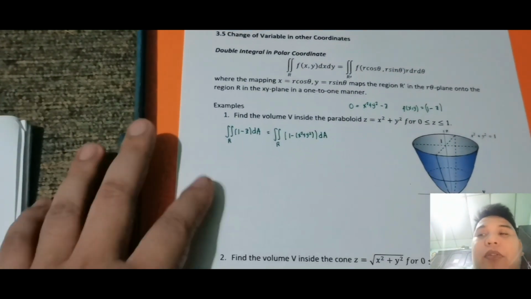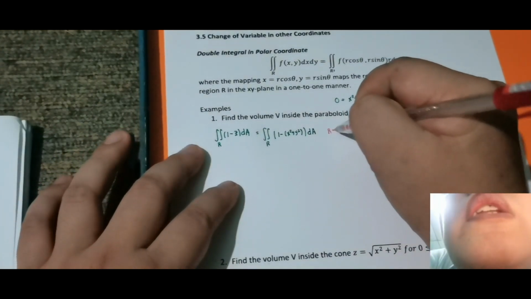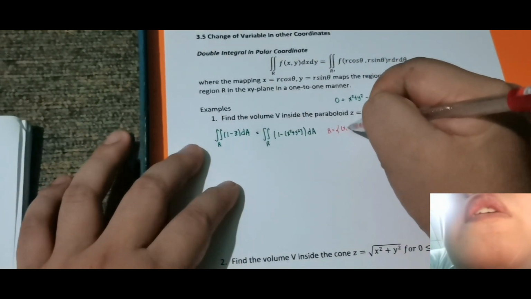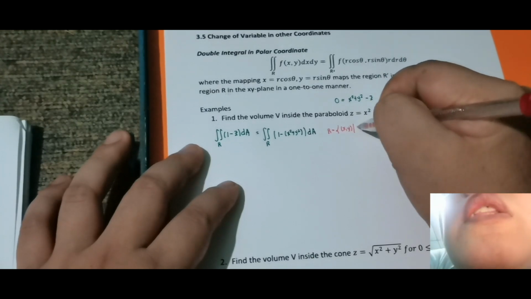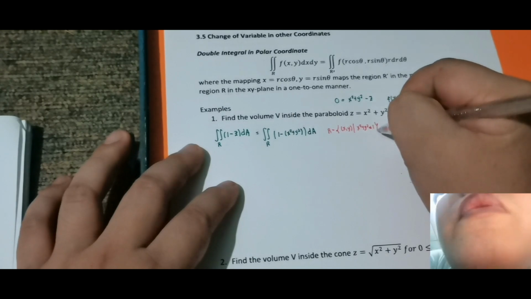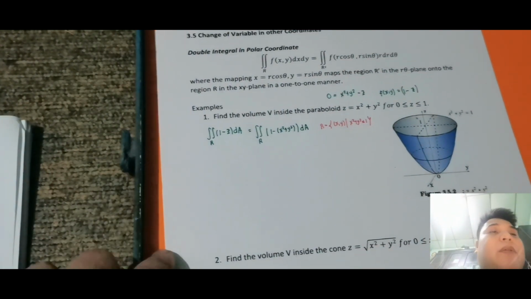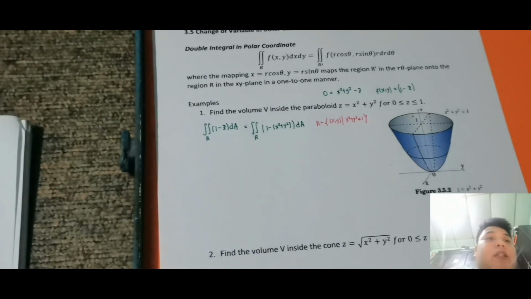So I am aware that our region R is the set containing x comma y such that x squared plus y squared is less than or equal to 1. Next, of course, we will change it into polar coordinates. As I said, we will change this into polar coordinates.